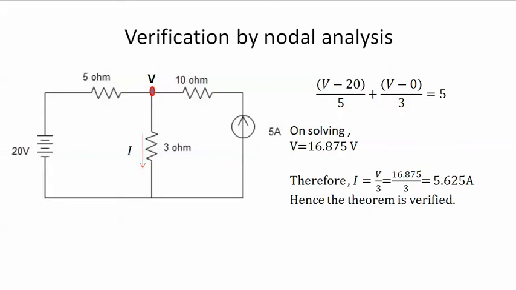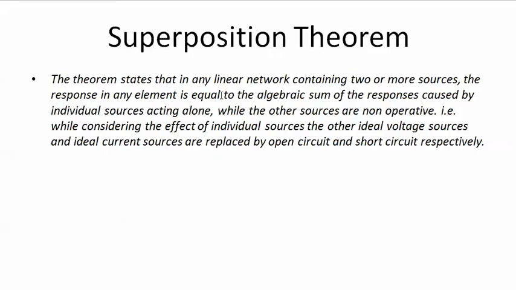So what does the theorem state? It states that in any linear network containing two or more sources, the response in any element is equal to the algebraic sum of the responses caused by individual sources acting alone, while the other sources are non-operative. While considering a voltage source, the other voltage sources are short circuited and other current sources are open circuited.